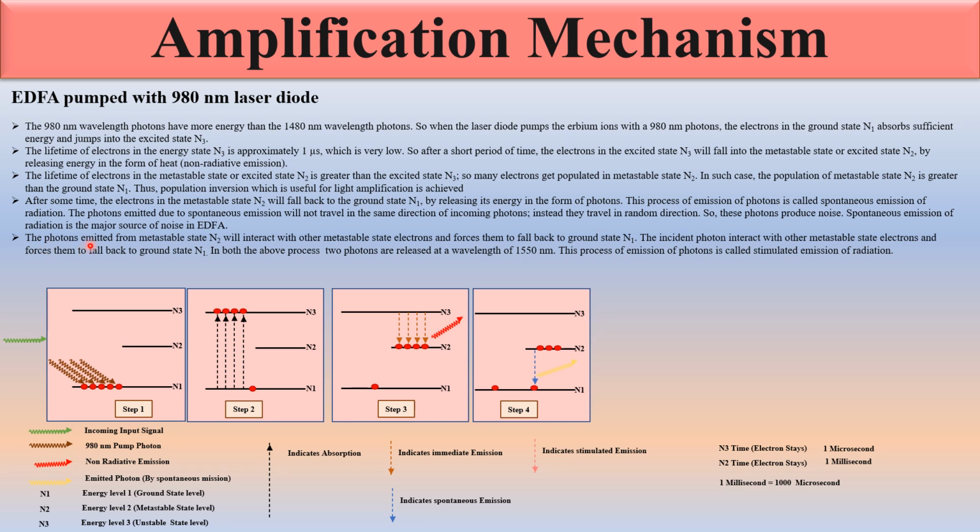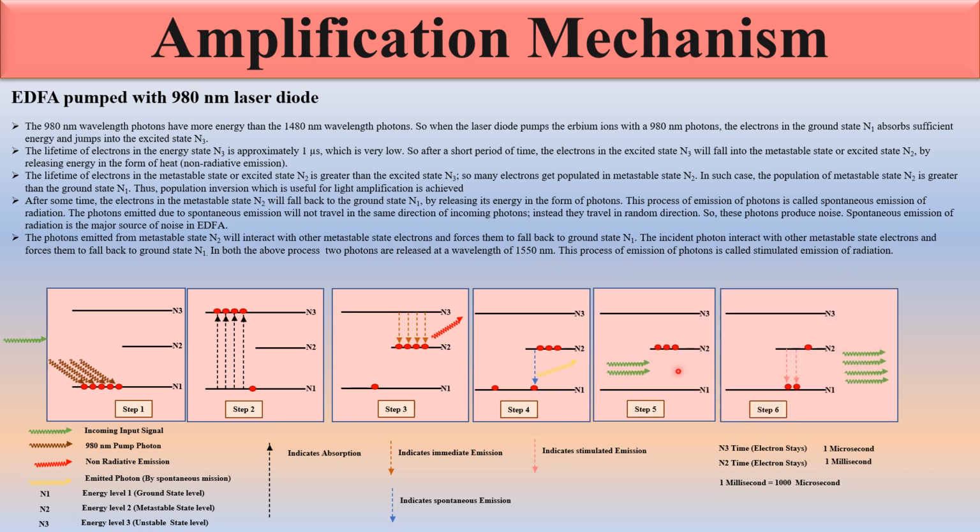The photon emitted from metastable state N2 will interact with the other metastable state electrons and force them to fall back to the ground state N1. The incident photon interacts with other metastable state electrons and forces them to fall back to ground state N1. In both of the above processes, two photons are released at the wavelength of 1550 nanometer, and this process is called stimulated emission, because when the incoming photon signal interacts with the electrons in the higher energy state, it forces these electrons to move from N2 to N1.